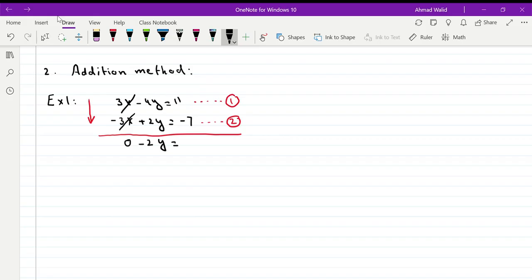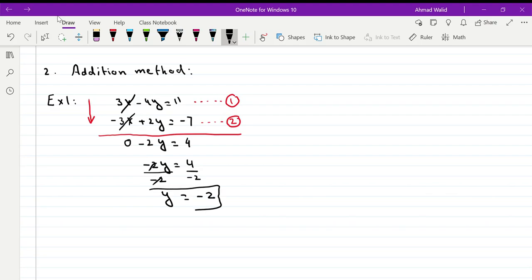And 11 minus 7 gives you 4. Easily you see one of the variables eliminated and you only end up with one variable like this: negative 2y equals 4. And easily you can solve this equation for y by dividing by negative 2. Then you find y equals negative 2.